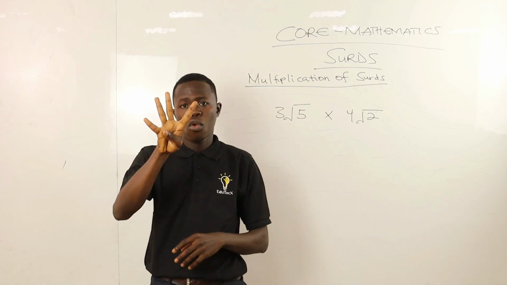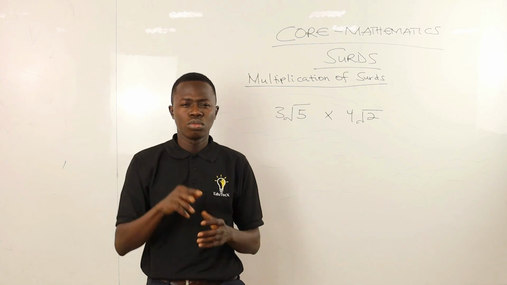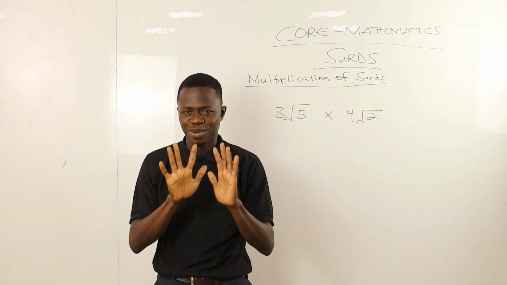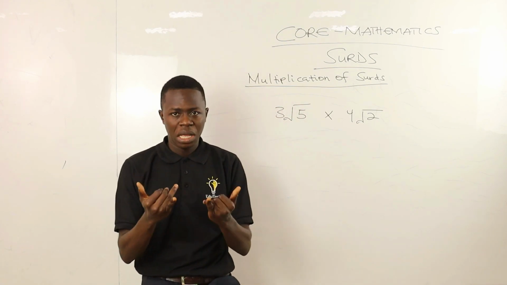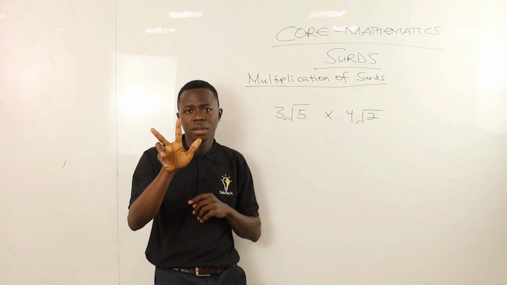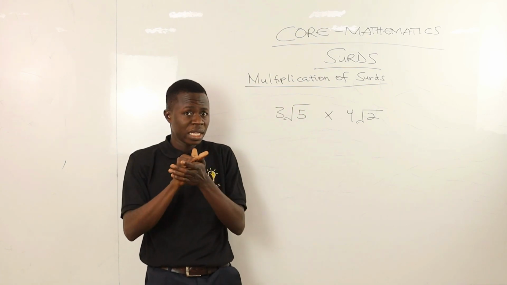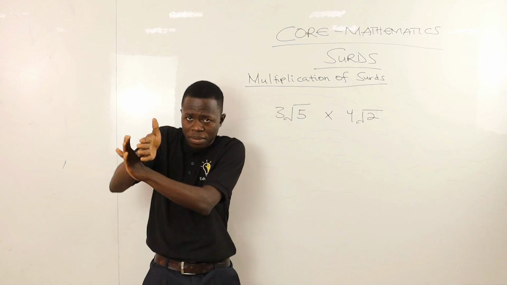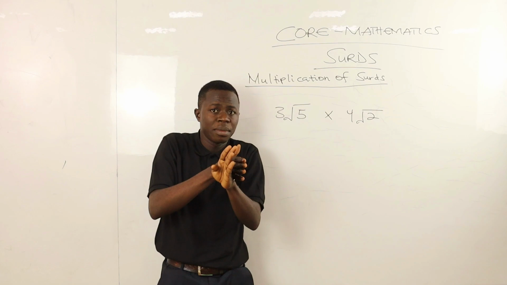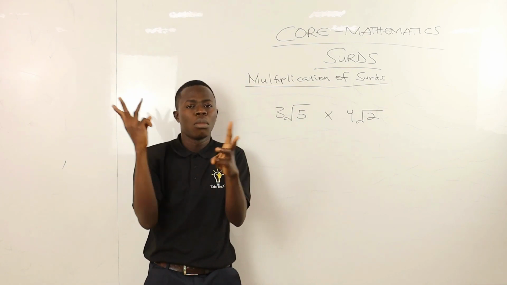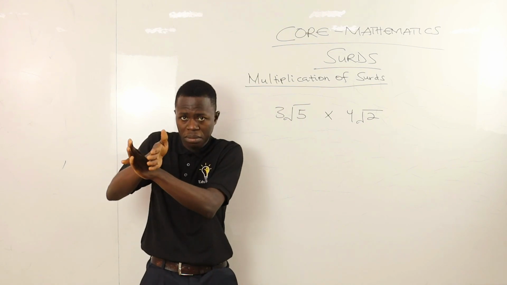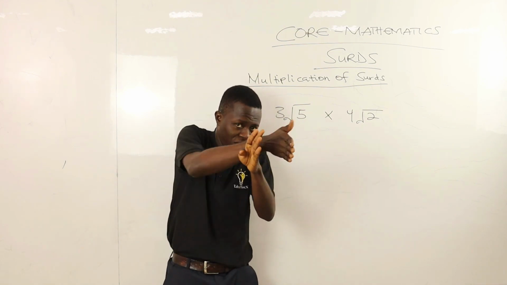The number outside the square root sign, 3. Remember that we said in our previous lesson, the numbers outside the square root sign, we can isolate them and then multiply. In this particular one too, we do the same thing. We pick the numbers outside the square root sign, then we multiply them. So we have 3 and 4 both outside the square root sign, and we isolate them and multiply them. As you can see, we have 3 multiplied by 4.